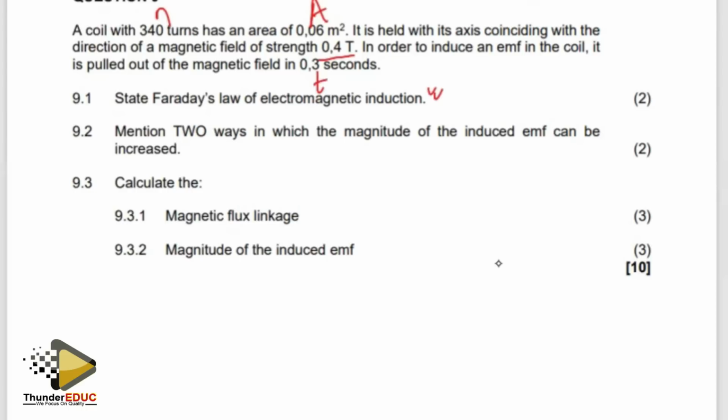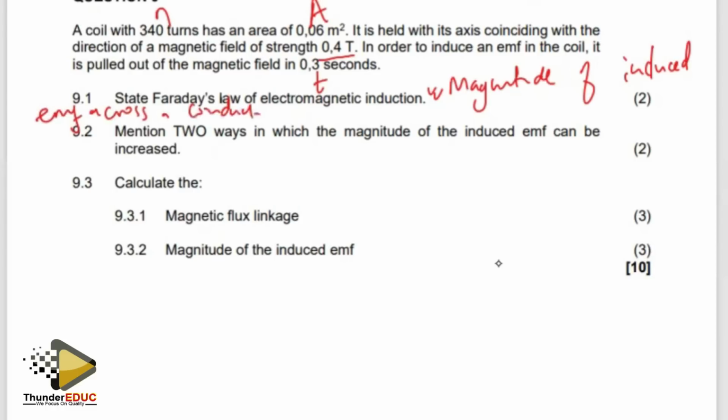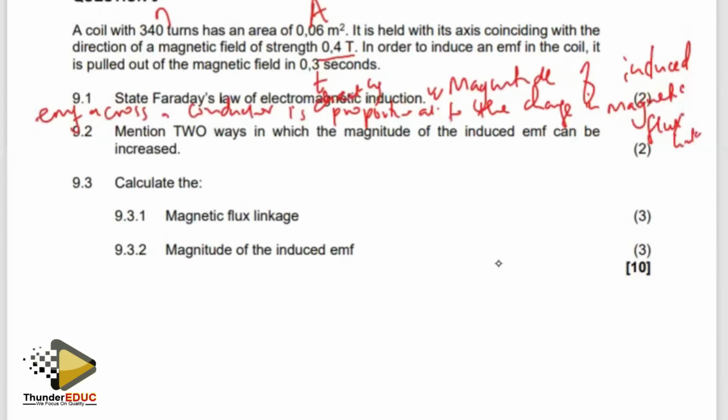And so we know that the magnitude of the induced EMF across a conductor is directly proportional to the change in magnetic flux linkage. So that is that.